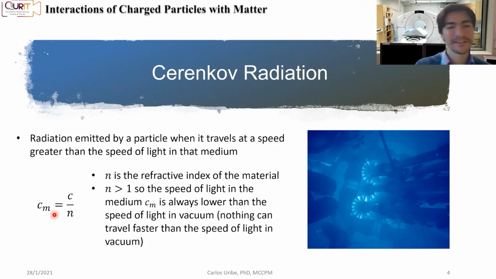The speed of light in the medium is given by the speed of light in vacuum over the refractive index of the material. So n is always greater than 1, so this is always going to be smaller than the speed of light in vacuum. And when there's that situation, there's electromagnetic radiation being released, which is what we call Cherenkov. And in nuclear reactors, it has a blue type of light.